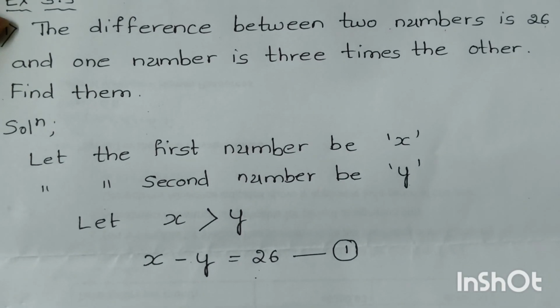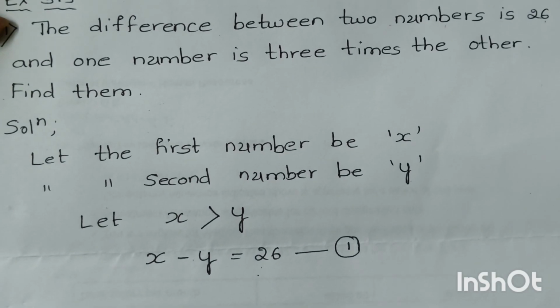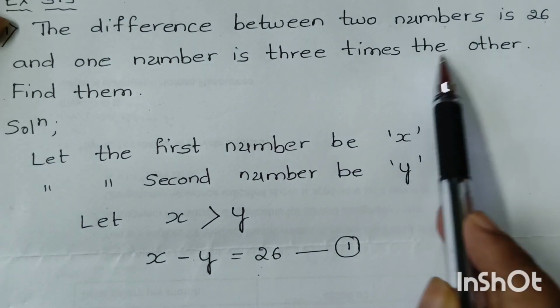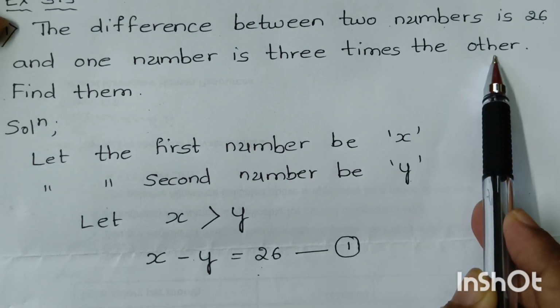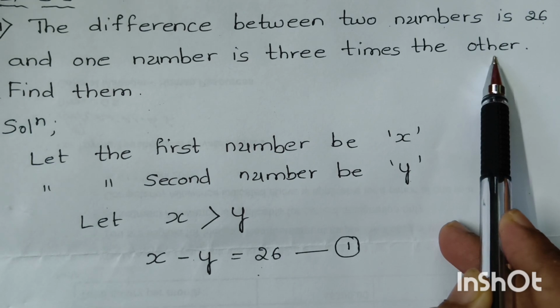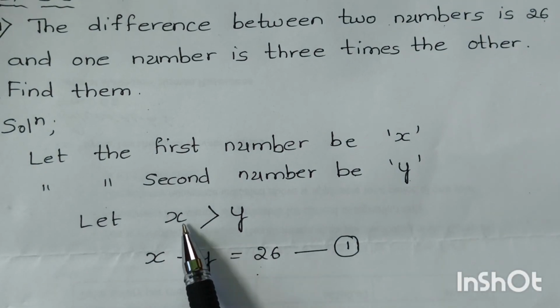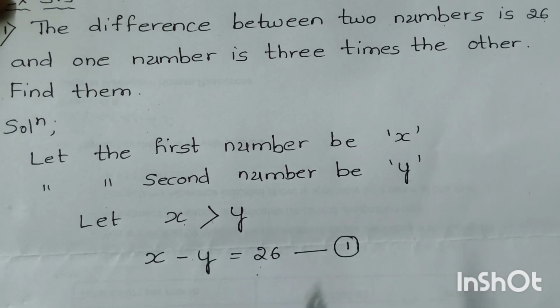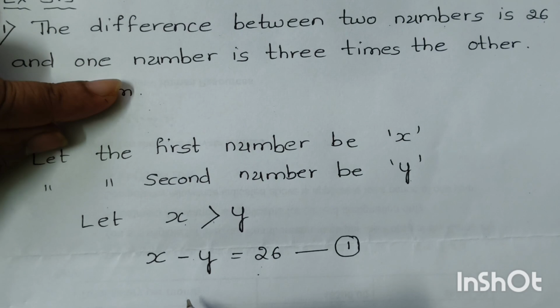Then, let us read the second sentence of the question. And one number is 3 times the other. What does it mean? It means one number is 3 times greater than the other number. Already we have taken x as greater. So what can we write?